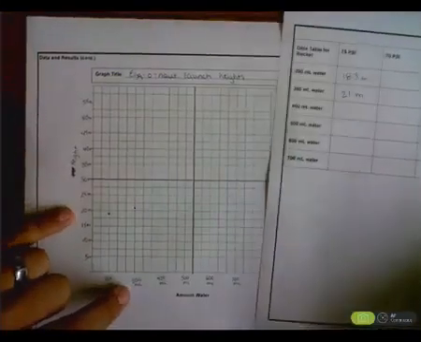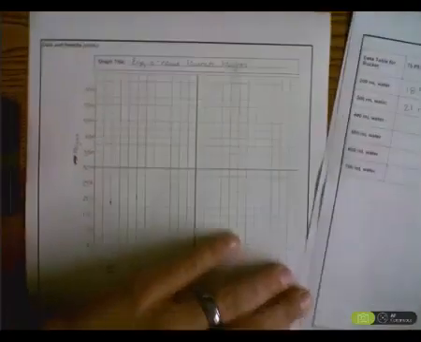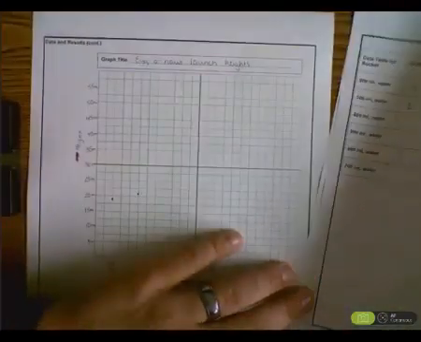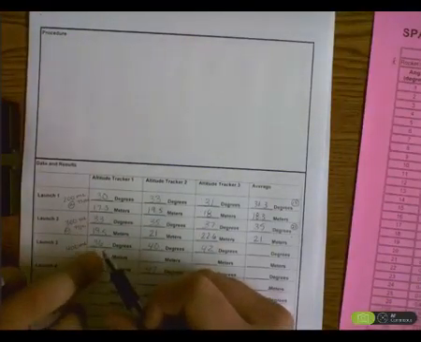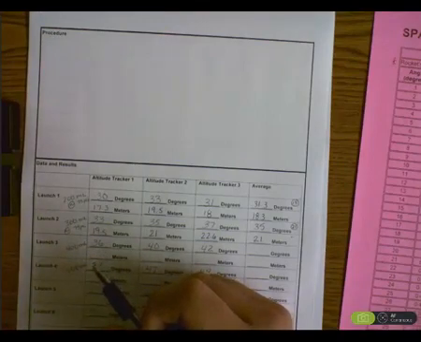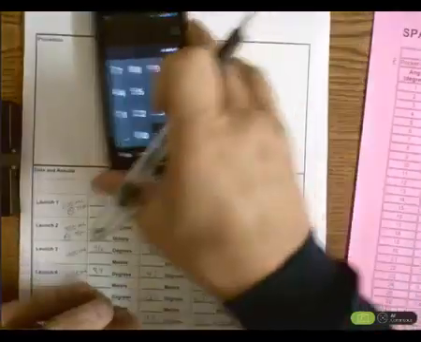Let's do one more so that we can see what's happening with my line graph here. So I've got at 400 milliliters, I've got 36. So I want to find out the number of meters that my rocket went up into the air.